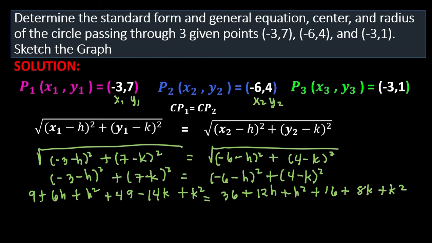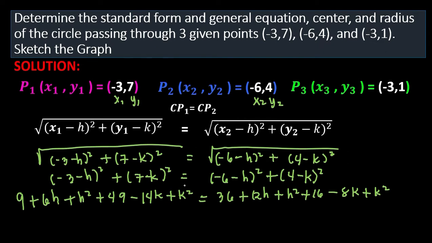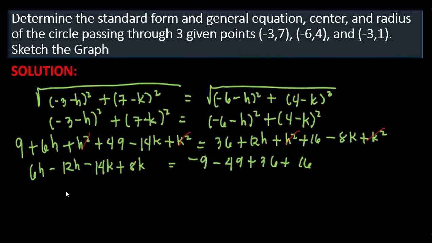So next, let us combine like terms. So when we transpose the h square here, magiging negative siya, so makakancel na siya kasi magi-equal siya sa 0. So we will have 6h minus 12h, we're gonna have negative 6h. Then negative 14k plus 8k, negative 6k.